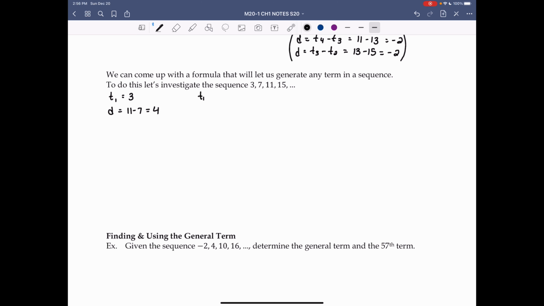Then I have T1 equals 3, which equals the T1 term plus 0 times the difference. T2, which is 7, equals 3 plus 4, which equals term 1, 3, plus 1 times the difference.